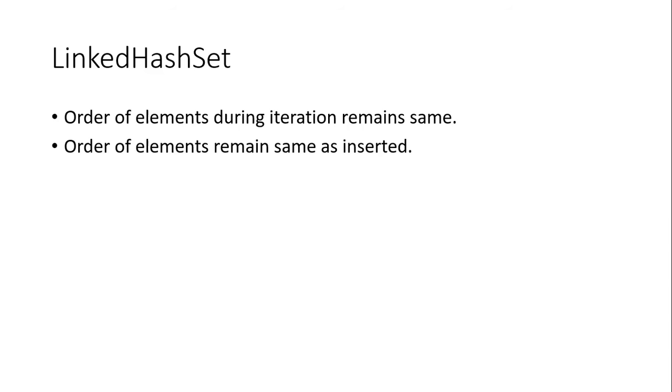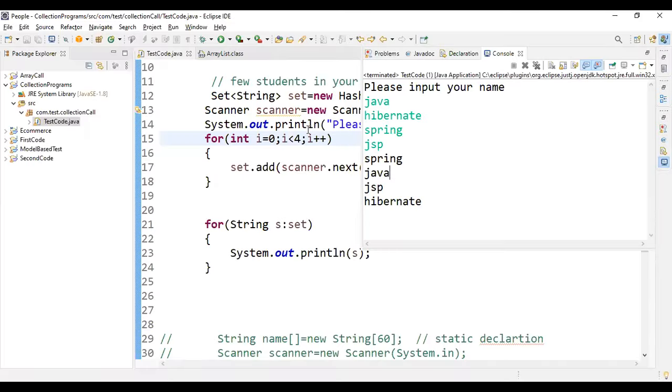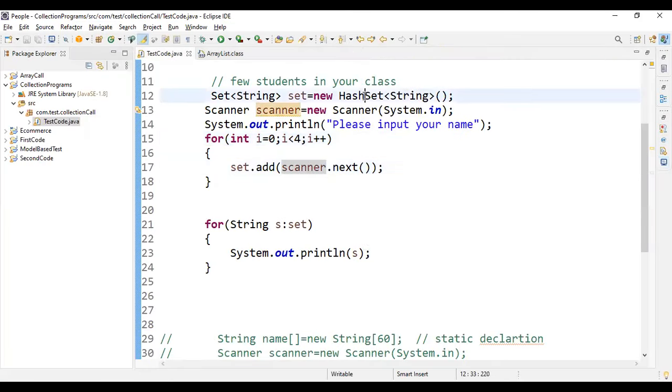Okay. And the order of elements remains same as inserted. This is the benefit of LinkedHashSet. You can test it by yourself. TreeSet. This is something. Now, for example, we have this output. Okay. And let me change this HashSet to TreeSet.